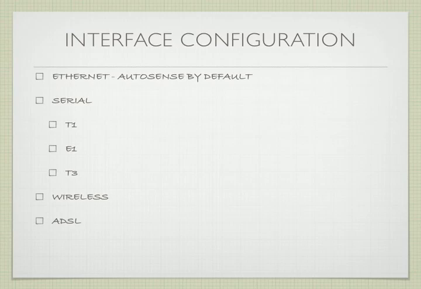So those can be directly plugged in and connected to the ADSL networks. ISDN is supported as well, so an ISDN interface can be plugged into the slot and configured for the device.